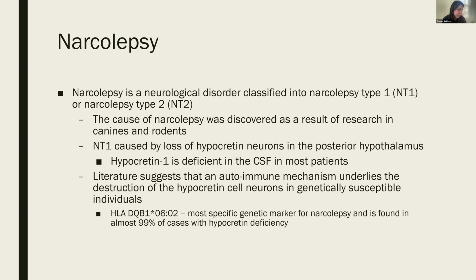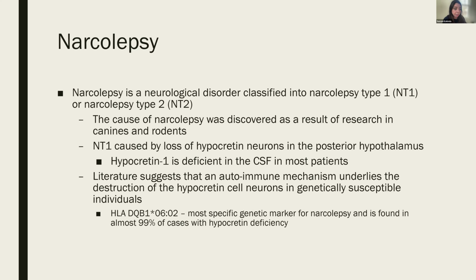Specifically with narcolepsy type 1, there is a loss of hypocretin neurons in the posterior hypothalamus. And if you were to evaluate the CSF fluid, you will see in most patients that they are hypocretin 1 deficient.